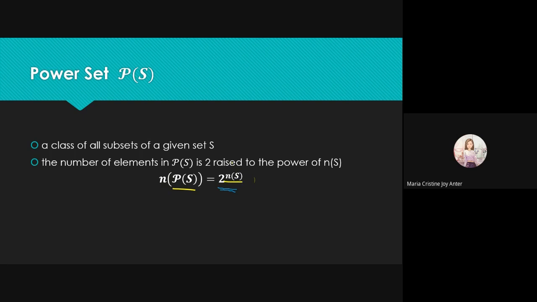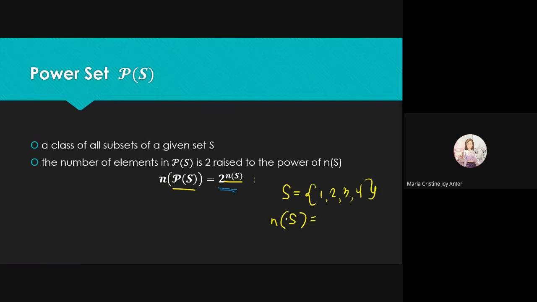So, for example, kung naay set S nga ang elements kay 1, 2, 3, and 4. Now, by the way, I just recently remembered, the notation to indicate the cardinality of a set is n, then open-close parenthesis, kadtong atong set.